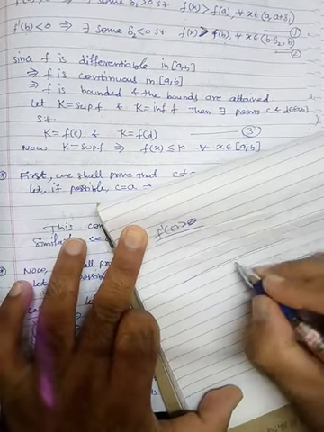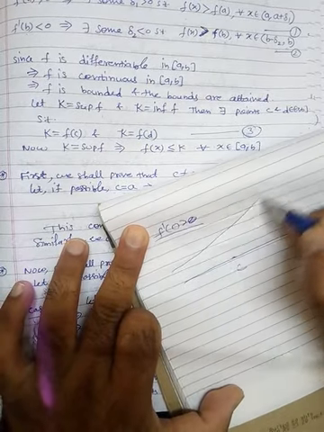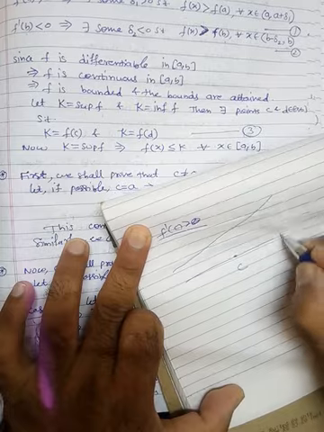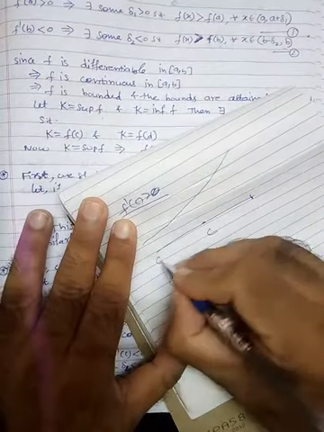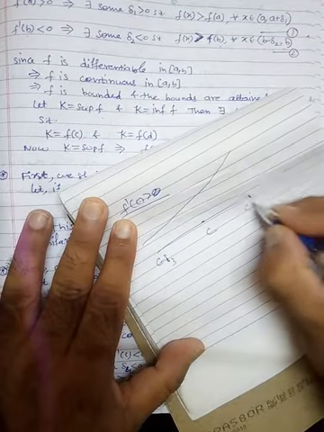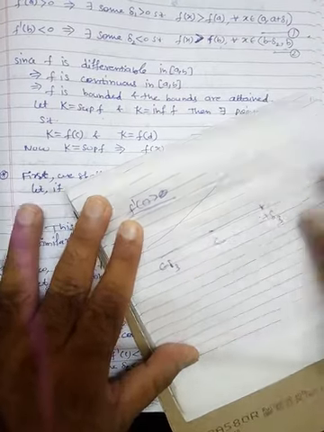If f dash C is positive, that means increasing pattern, so we can find some delta 3 such that in this interval C minus delta 3 to C plus delta 3 we have this pattern.